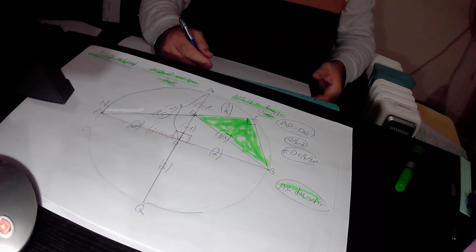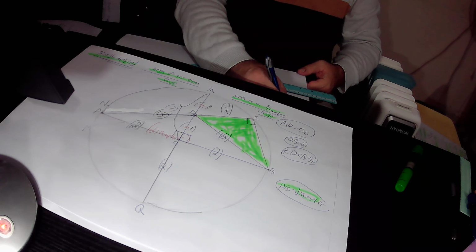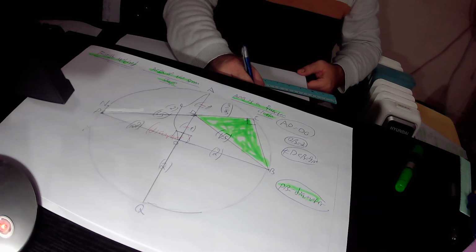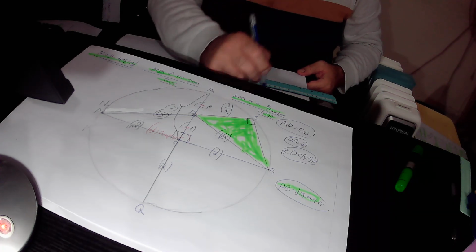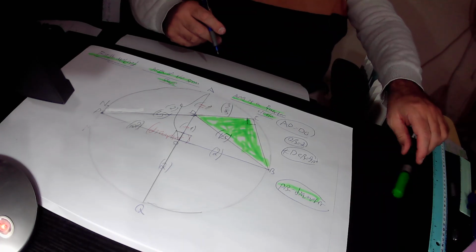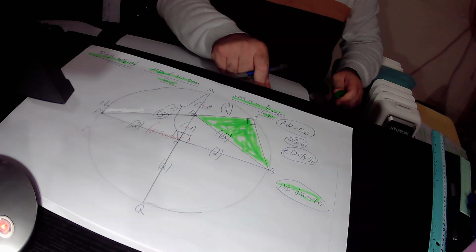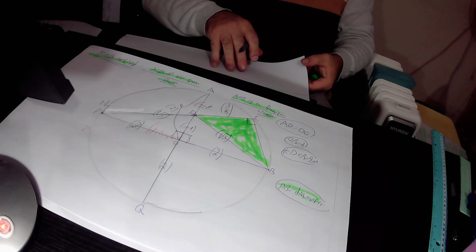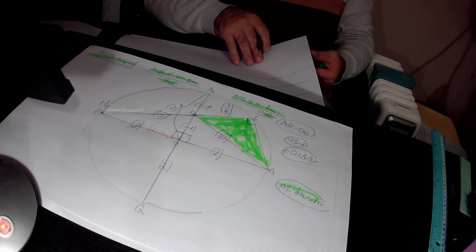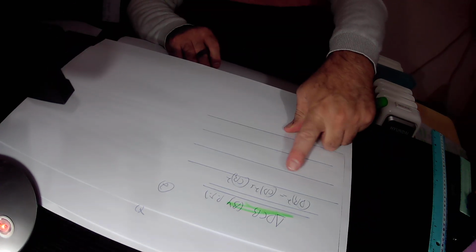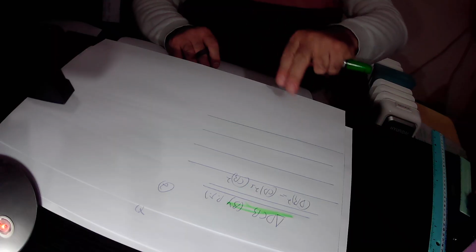DB squared, that is the square of the hypotenuse, equals CD squared plus CB squared. In this right triangle DCB, according to the Pythagoras theorem, this equation is true.